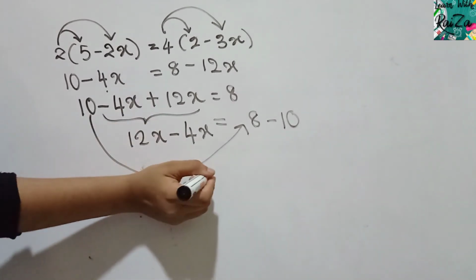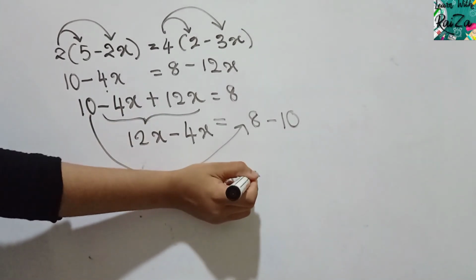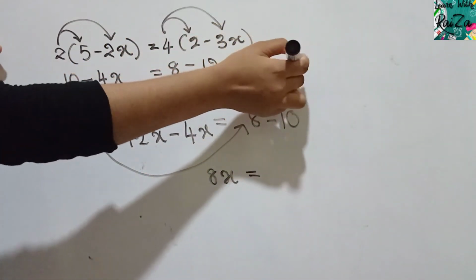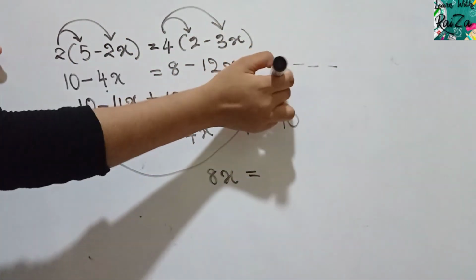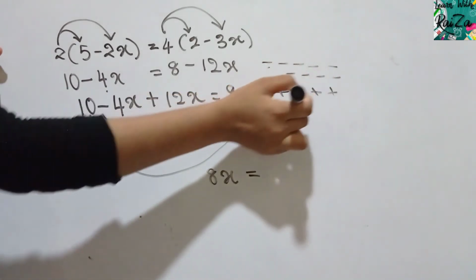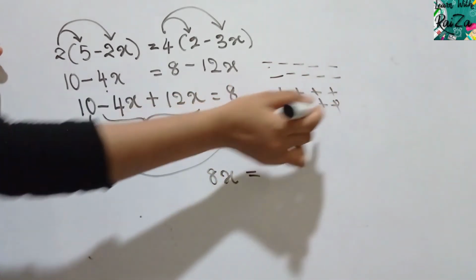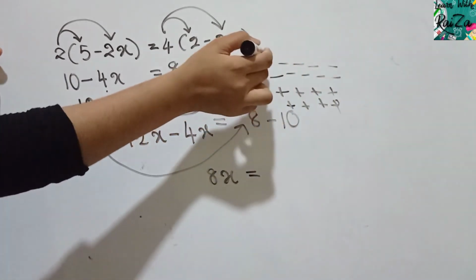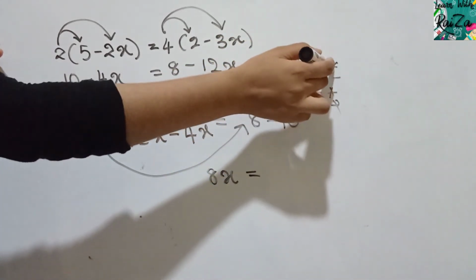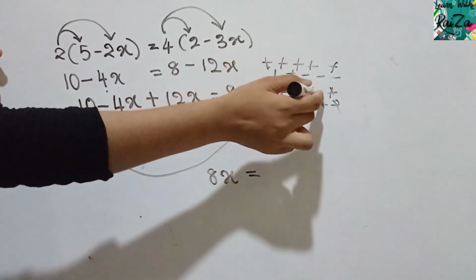12 minus 4 is how much? That is 8x. 8x is equal to negative 10 and 8 means what? You have 10 negatives and 8 positives. Then the 8 positives you can cancel. 1, 2, 3, 4, 5, 6, 7, 8.